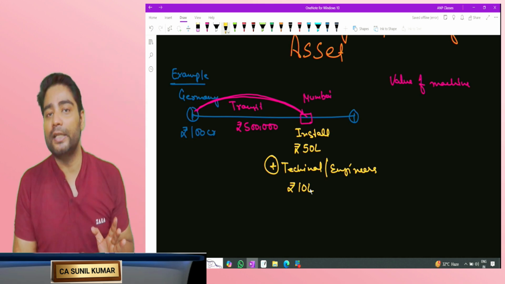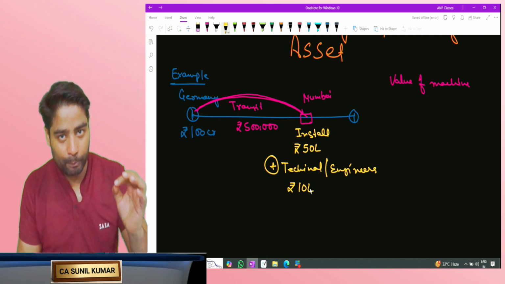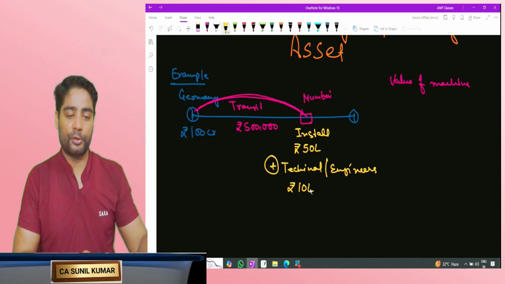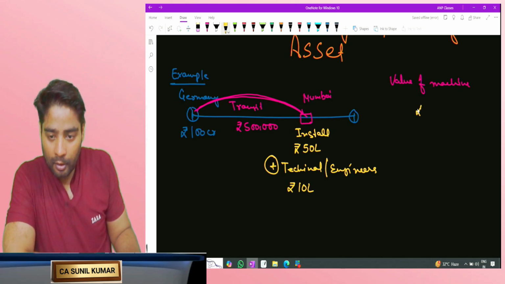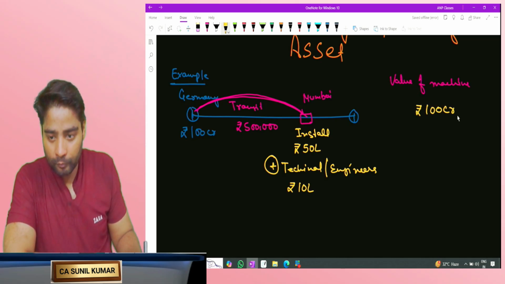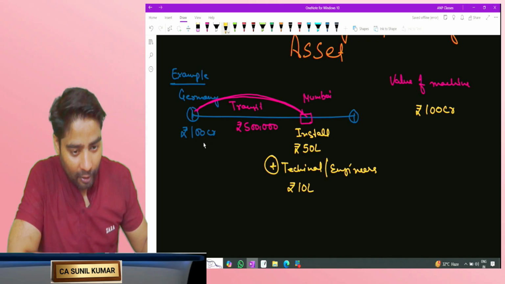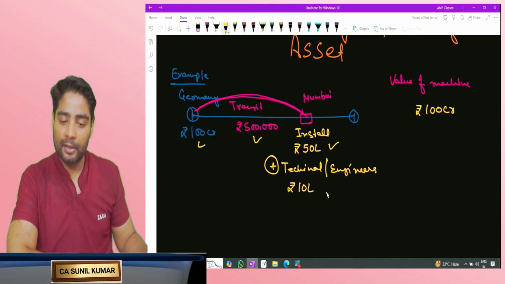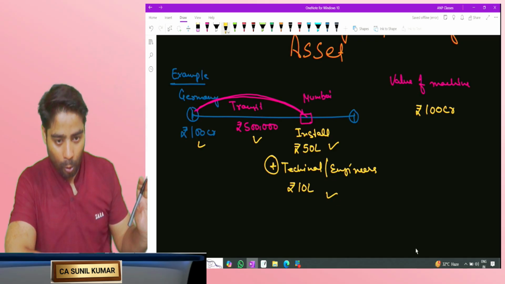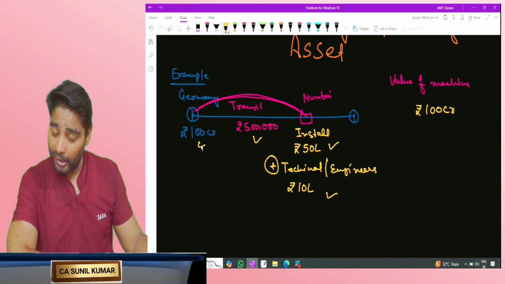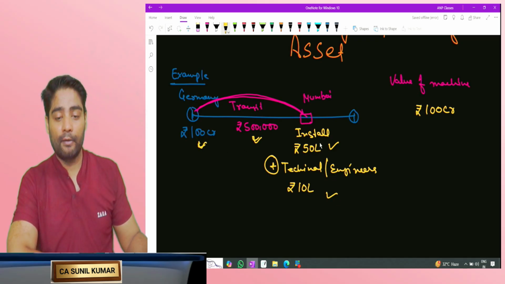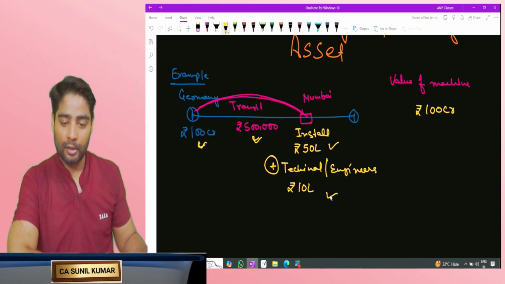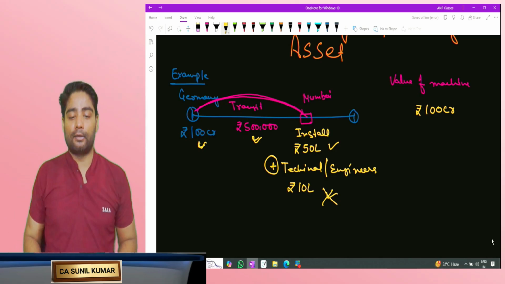Now I'm asking you, what will be my value of machine? Is it 100 crore, or should I add 100 crore plus 5 lakh plus 50 lakh plus 10 lakh? Or should I add 100 crores, 5 lakh, 50 lakh, but not this technical fees?